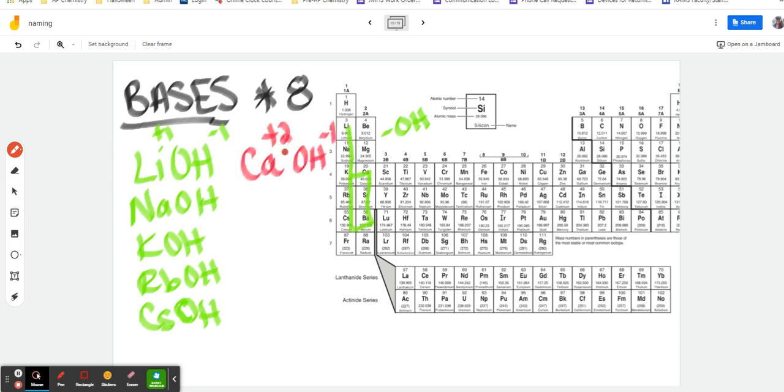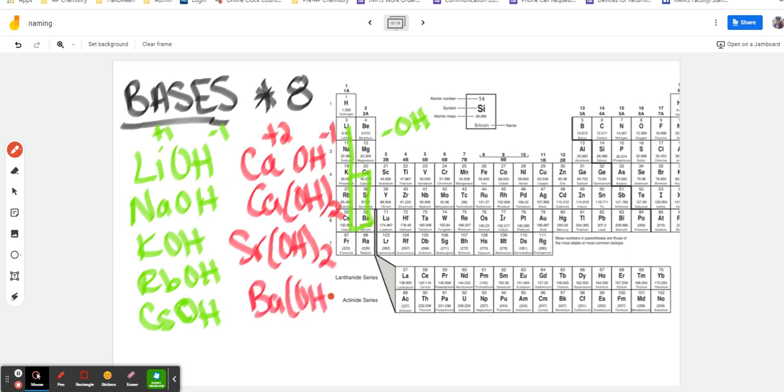OH still has that -1. We crisscross those, we end up with Ca(OH)2. That means our next one's strontium, so we have Sr(OH)2, and then Ba(OH)2.